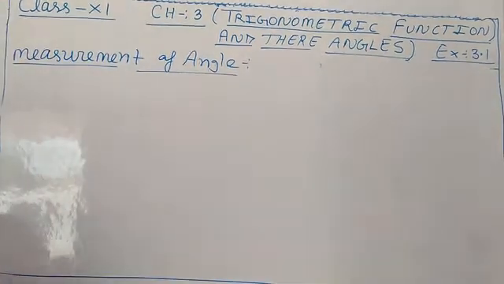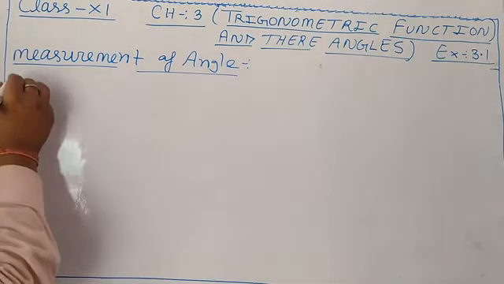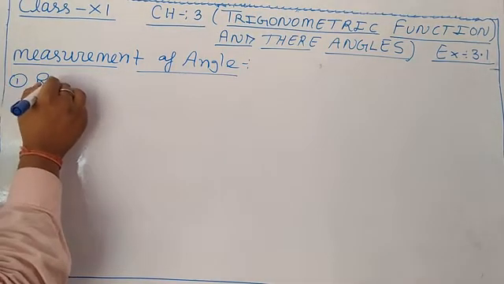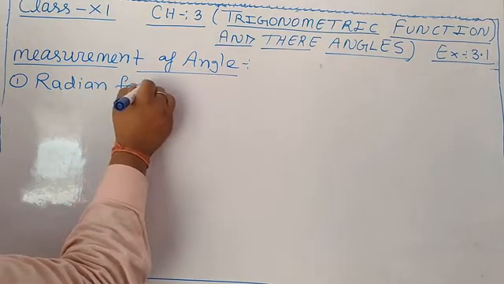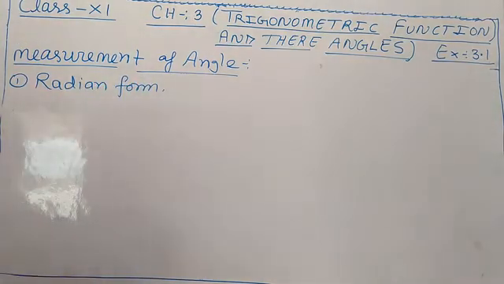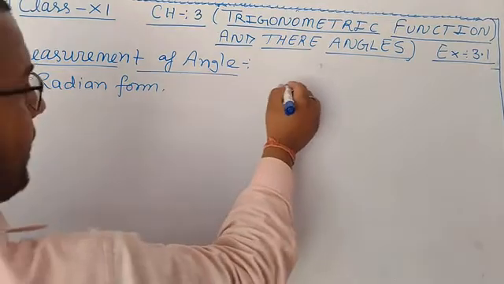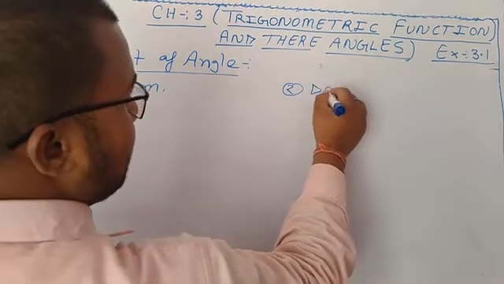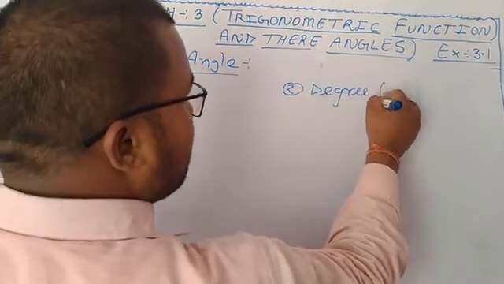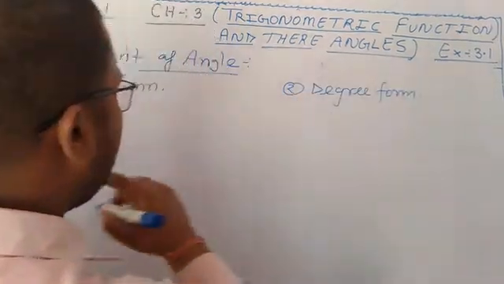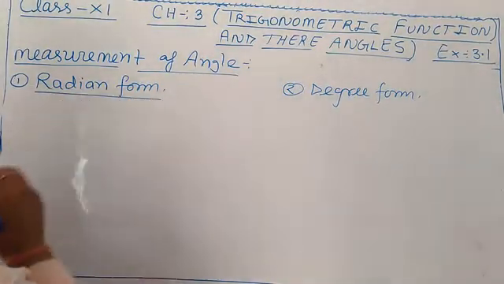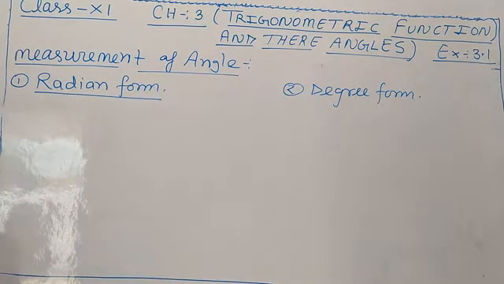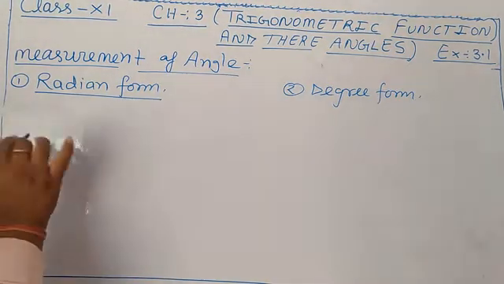In class 9th, there are two types of measurement of angle. The first is radian form, and the second is degree form. First, the question: what is the radian form?